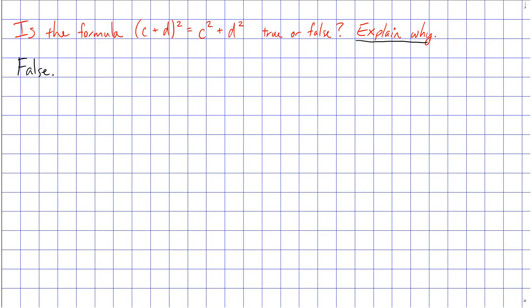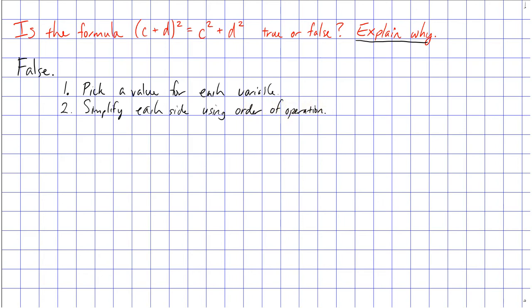For a false formula, basically the steps should be this. First, pick a value for each variable. Then simplify the left side, simplify the right side, simplify each side using the order of operations. And the key thing is do not use the formula in question.